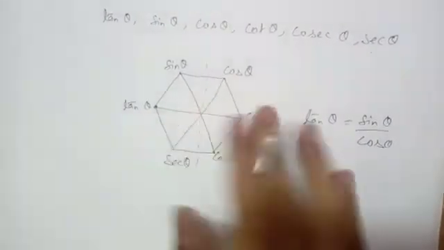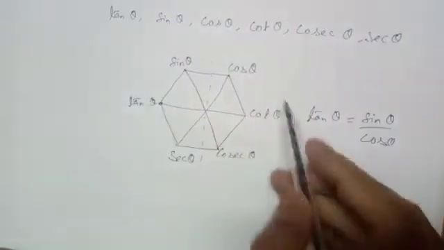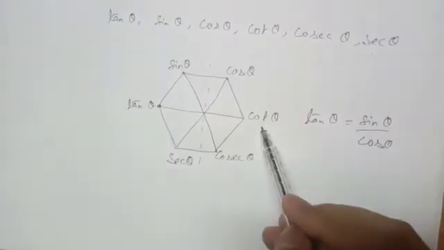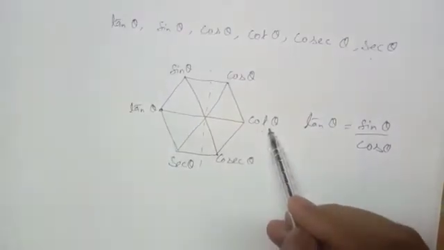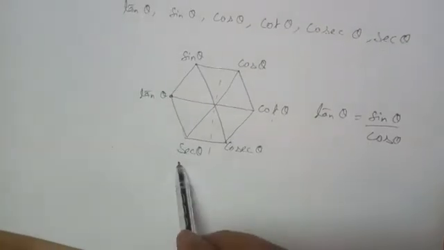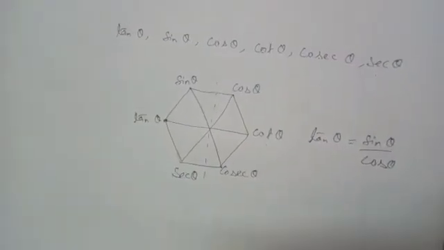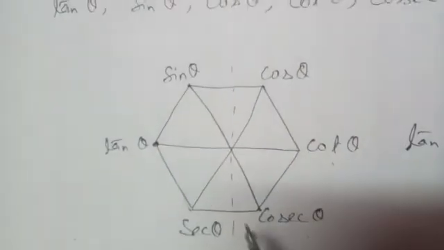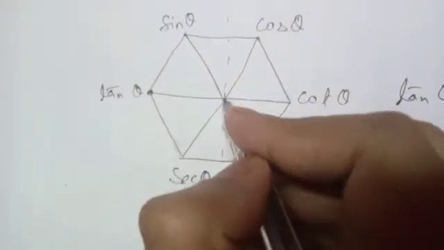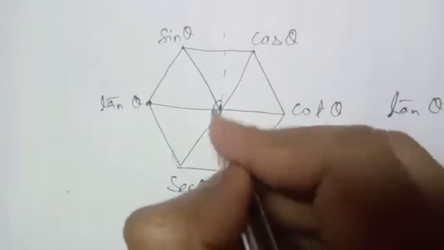Now the remaining 3 trigonometric ratios are cot theta, cosec theta, and then sec theta. Now at the center we have to write 1.